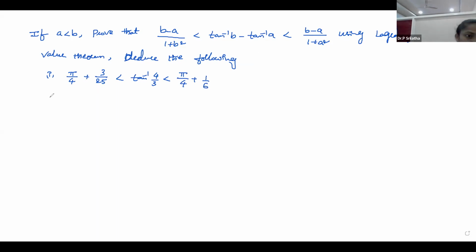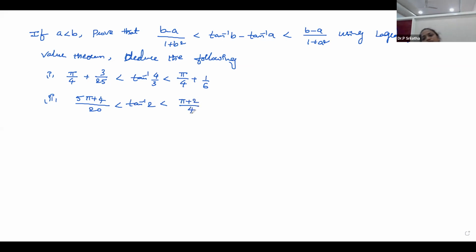Second: (5 pi plus 4) divided by 20 is less than tan inverse 2, which is less than (pi plus 2) divided by 4.